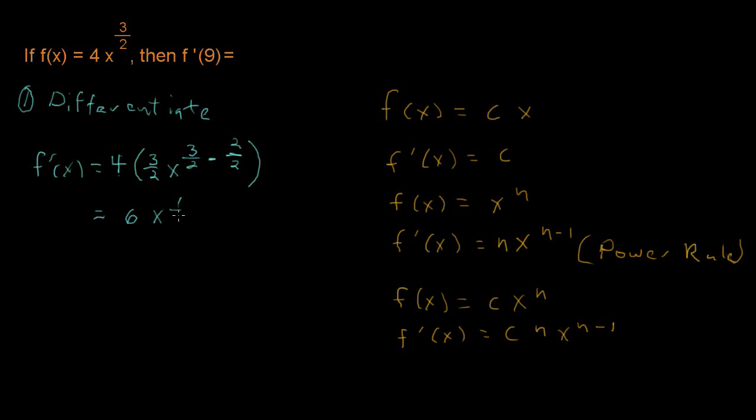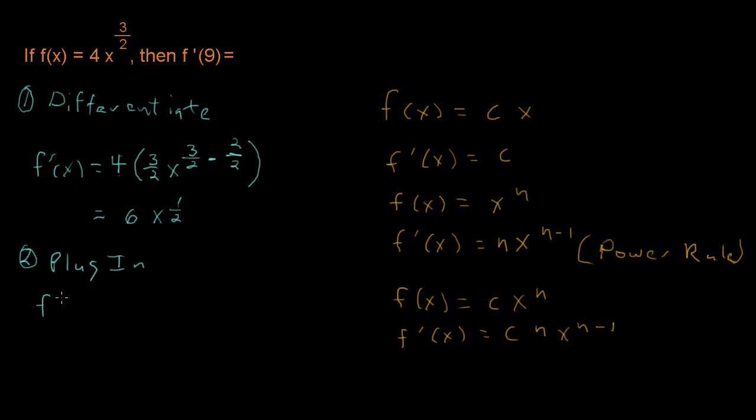So the first step is over with, and now the second step, what do we do in the second step? We just plug in. So the second step is to just plug in. And plug in what?